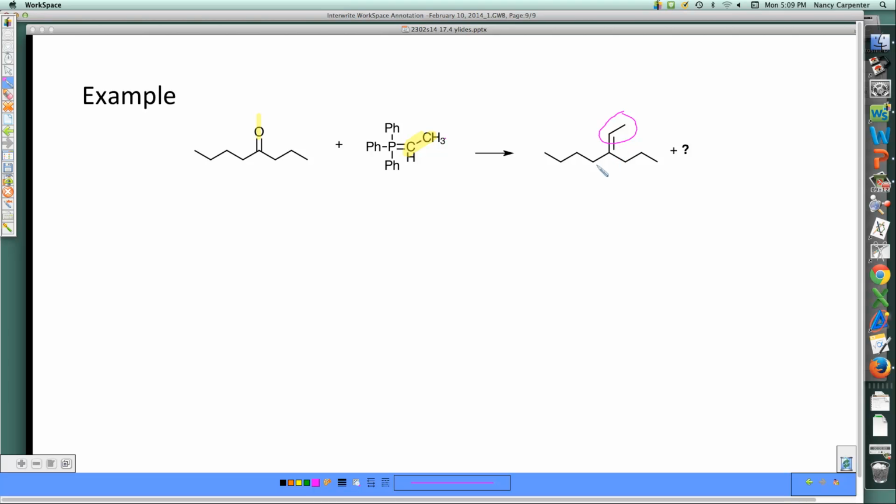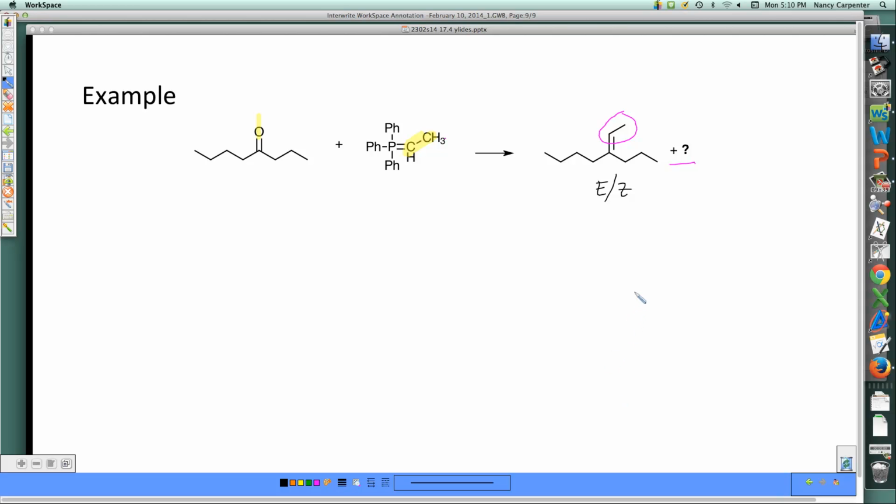I just made the new alkene, but I want you to look at this product and wonder, well, what else might be formed? And I don't mean the triphenylphosphine oxide. What I've done here is I've given you an example where we have the option of E and Z isomers, and that is kind of a problem with Wittig reactions.